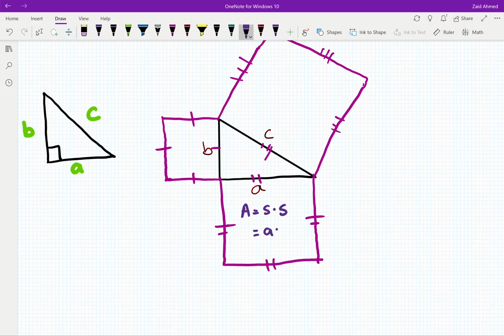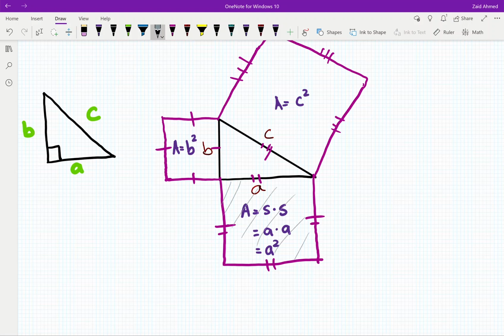So we have A times A. And if you refer back to the power laws, it will be A to the power of 2. Do the same thing over here. Area is B squared. Do the same thing over here. Area is C squared.